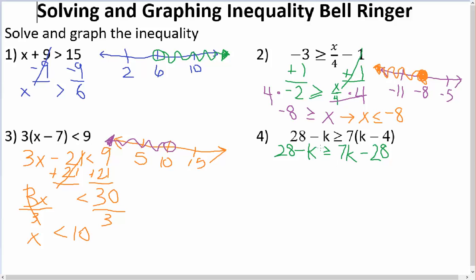Next thing is, since there are no like terms to cancel out or to add together on each side, I notice that I have a variable on both sides, and I need to get rid of one of those. I need to zero one of them out because we can only have one variable when we solve. So I'm going to go ahead and cancel out this minus k because it's the smallest of the two, and this will help me avoid negative numbers.